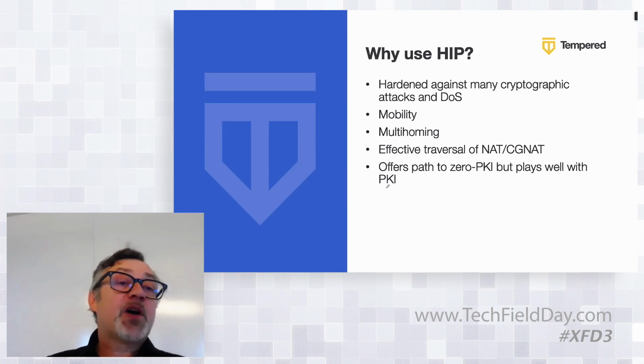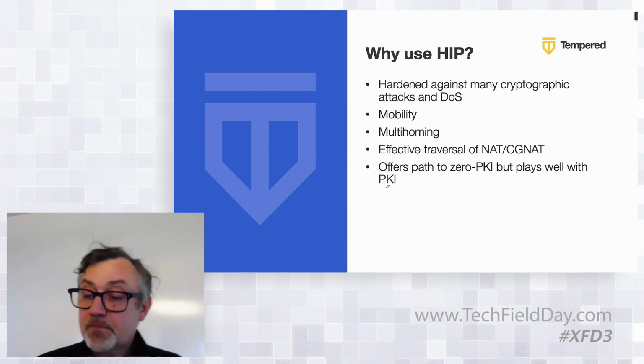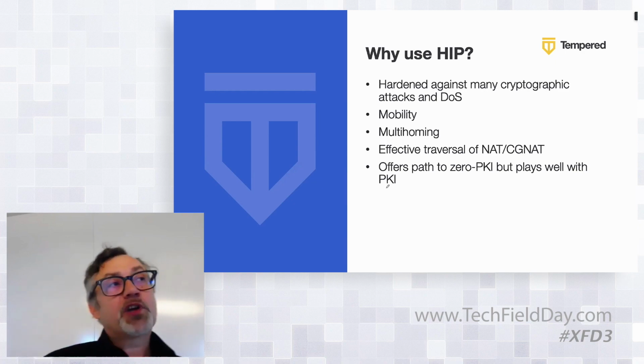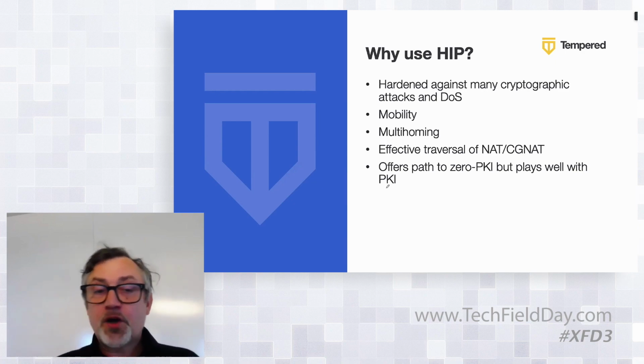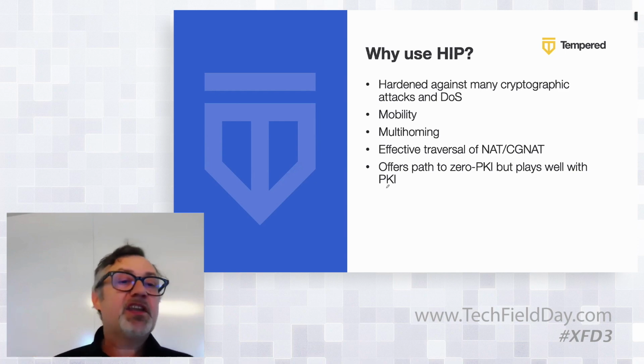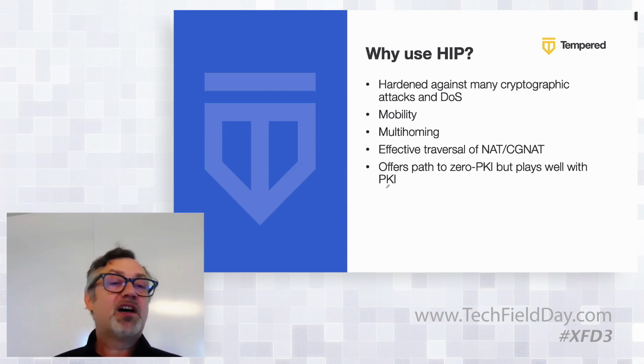What's nice about HIP is that it also really comes with a lot of network infrastructure answers. So things like mobility, multi-homing, traversal of NAT, all those kinds of things are either addressed directly in the core standards documents or in related RFCs. So it has a really rich infrastructure environment, which makes it really attractive.